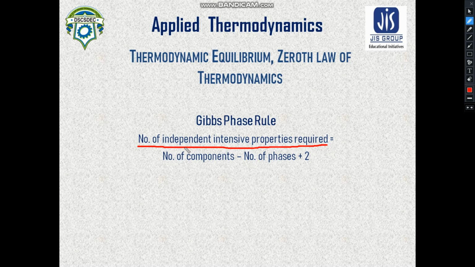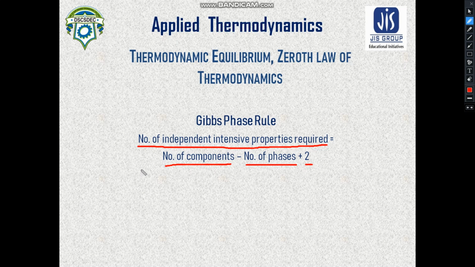The number of independent intensive properties required is the number of components minus the number of phases plus 2. What I said earlier was that to specify a state, we need at least two independent properties.